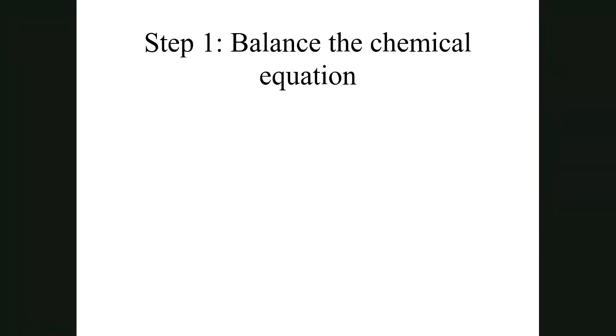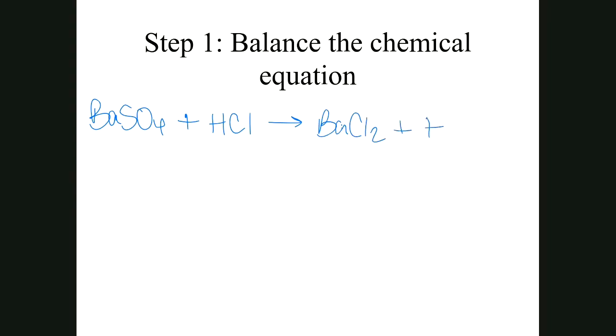So our first step is to balance the chemical equation. So we have barium sulfate reacting with hydrochloric acid to create barium chloride. These were all given in the problem, sorry, not the equation. And sulfuric acid.